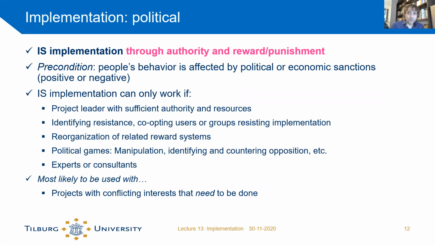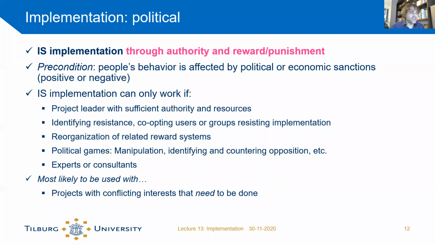You identify people who are willing to change, so you identify influencers, but you also can identify people who are resistant to change, and then you can fire them, or you can train them in using the system, or you can give them a financial reward if they are willing to use the system. So you can use all these strategies to convince them that the change is needed.